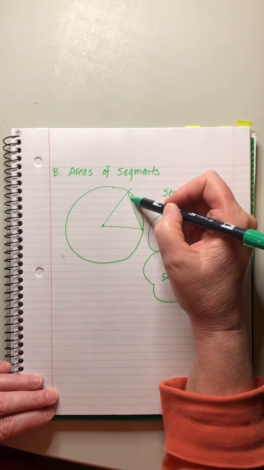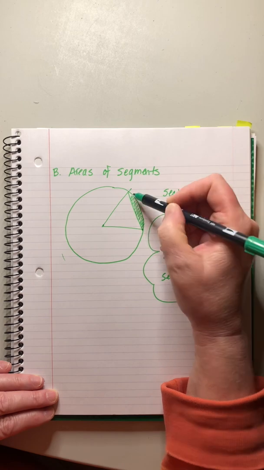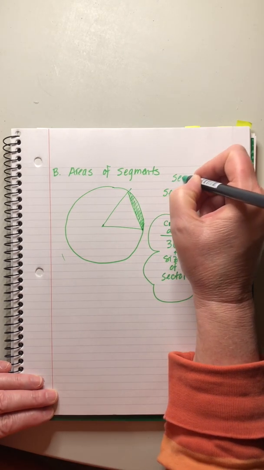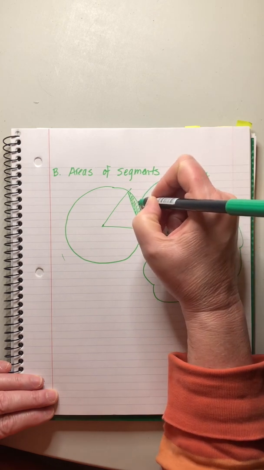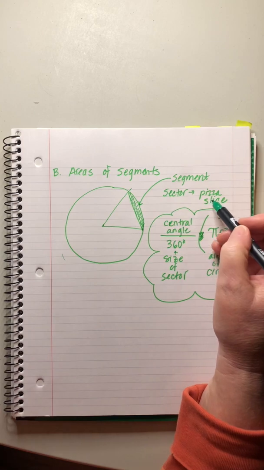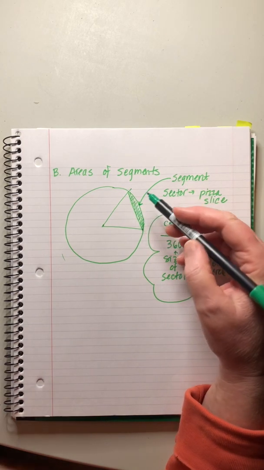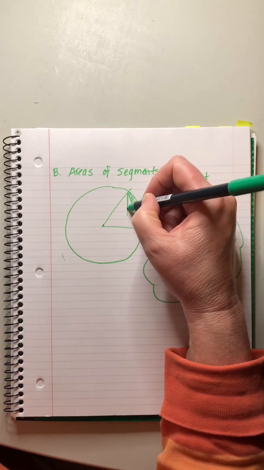Okay? This area is what John calls the segment. Okay? The sector is the whole pizza slice. This segment is the little bit at the end, but notice that right here, ooh, it's not very neatly drawn.